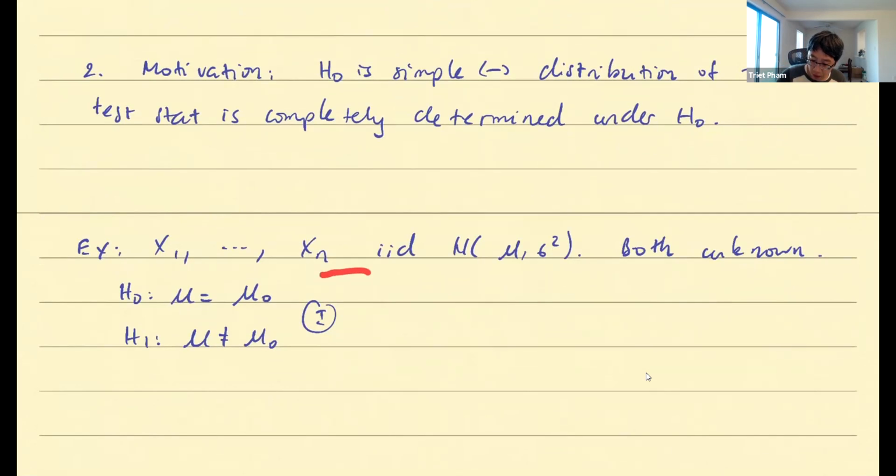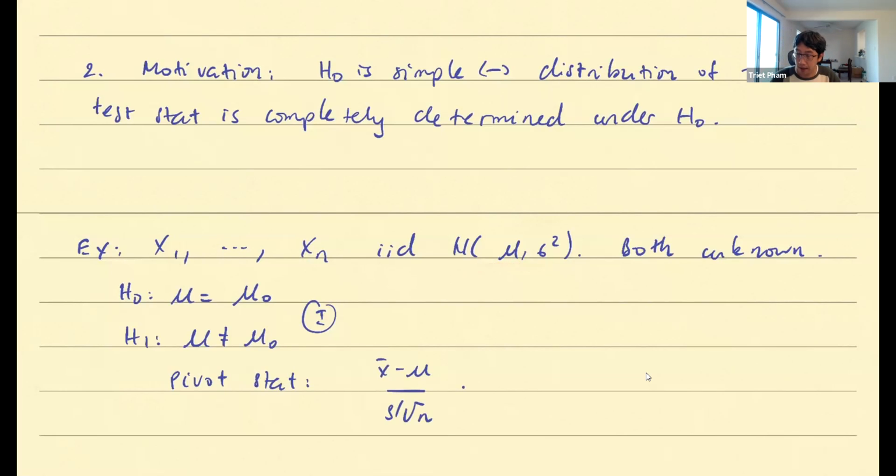If this is a question on constructing the confidence interval for mu, then your pivot stat, remember, would be x bar minus mu divided by s over root n. That was the pivot stat that we used in constructing confidence intervals in this setup.